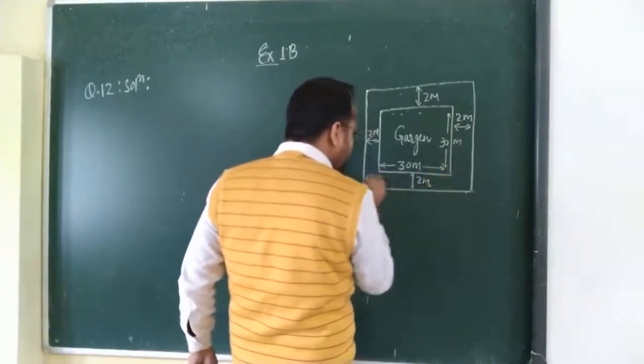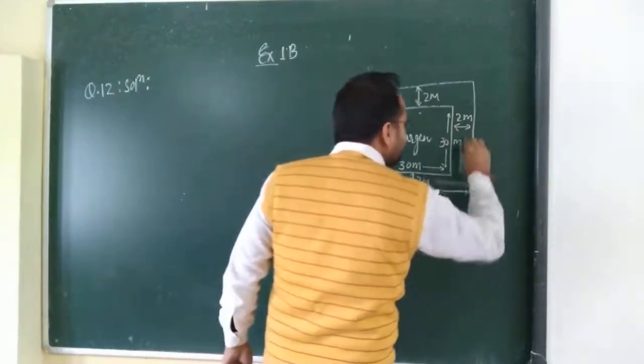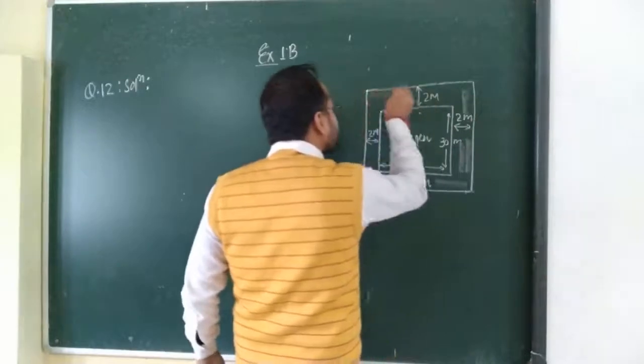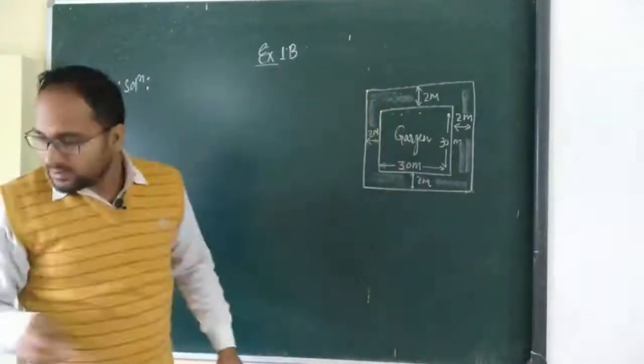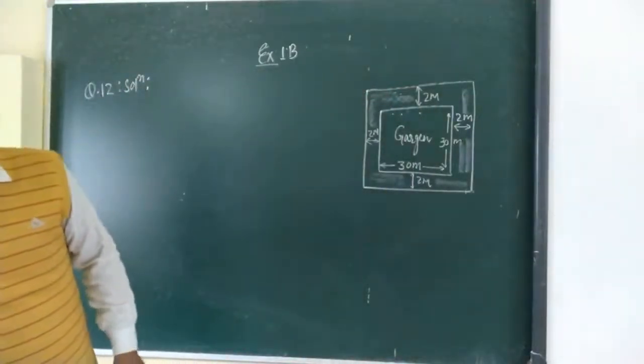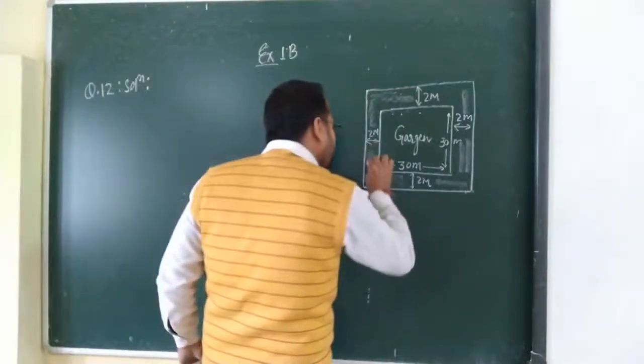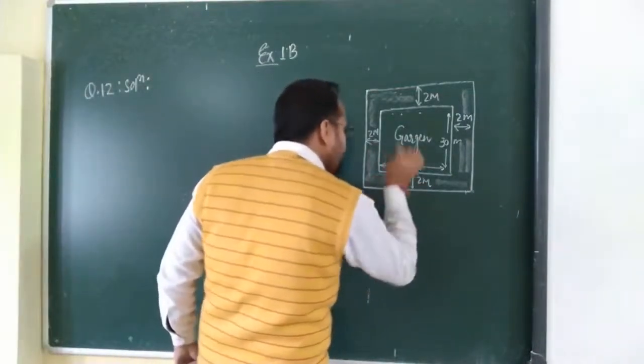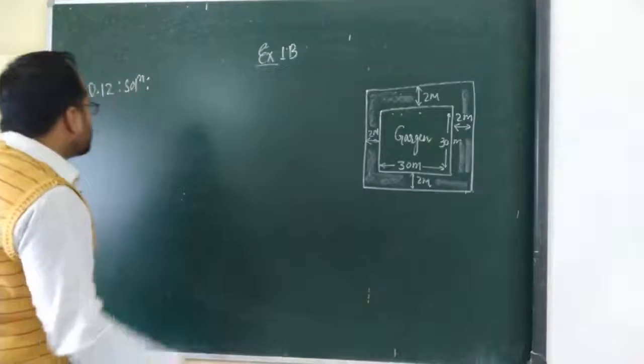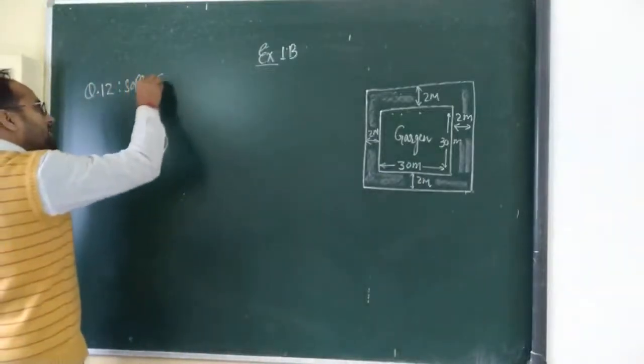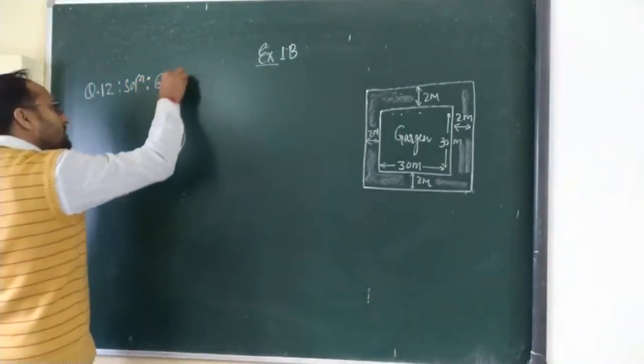This is the path. So find the area of the path. It asks to find the area of this region. So whatever is given, first you write that as given.